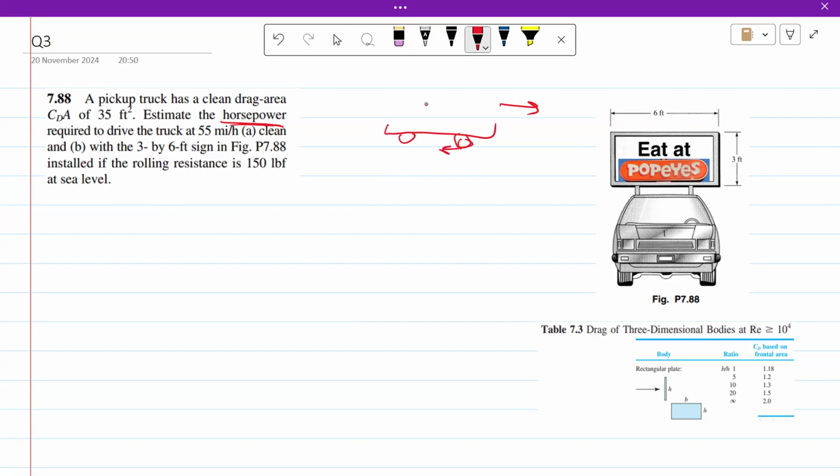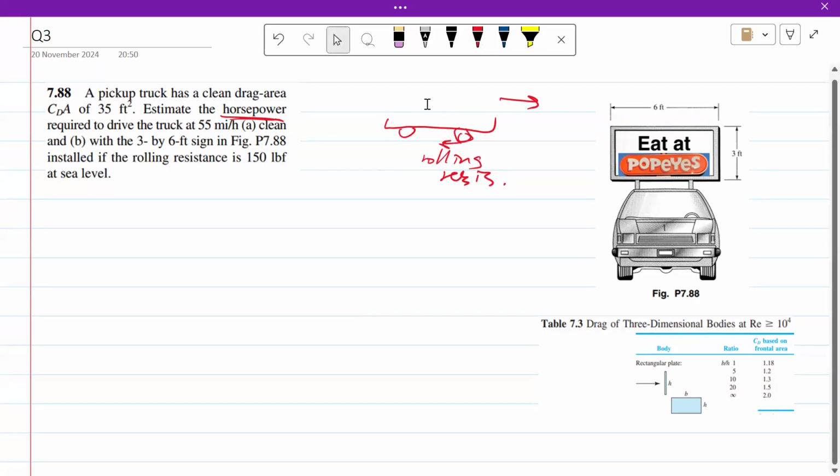So that is basically your rolling resistance. It acts in the same direction as your drag force. Looks like a pickup truck.